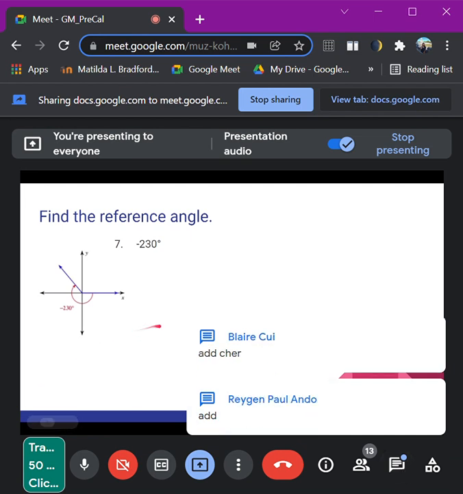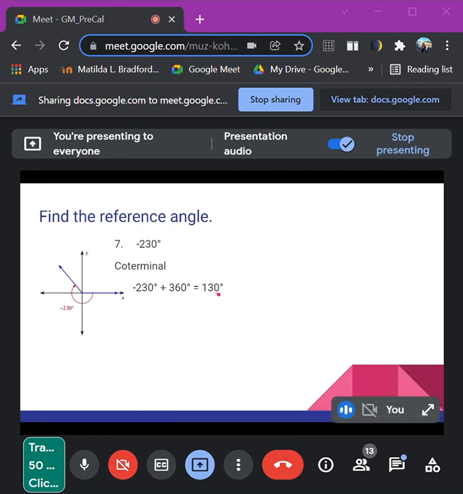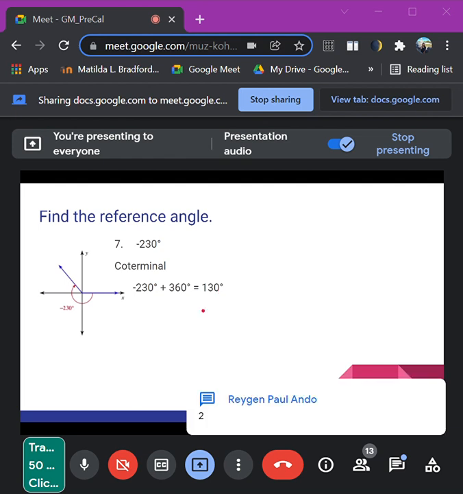Okay, mag-add ta niya og 360. So, you have there negative 230 plus 360, that is equivalent to 130. So, meaning to say, ang kaning 130, kay arita niya magkuha sa atong reference angle. So, for 130 class, what quadrant is this? That is quadrant 2. So, unsa may formula sa quadrant 2?